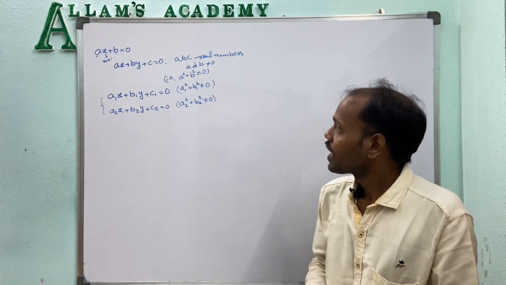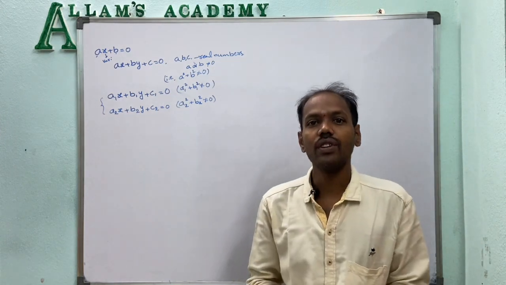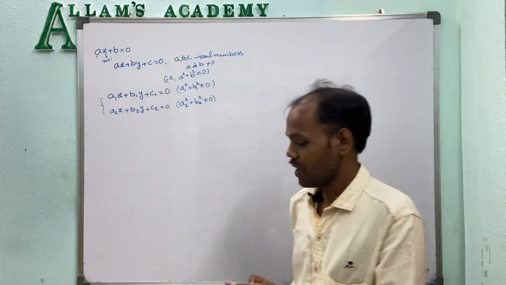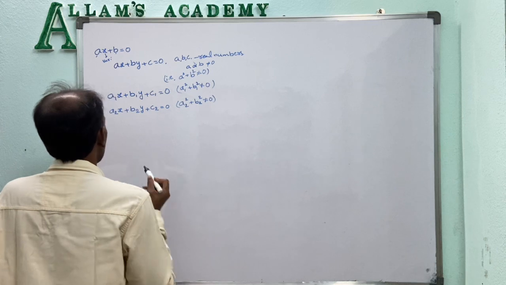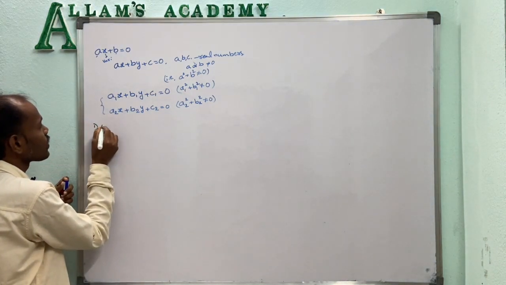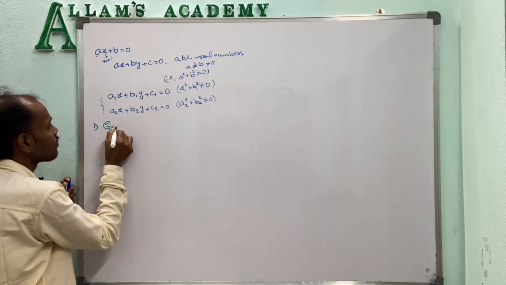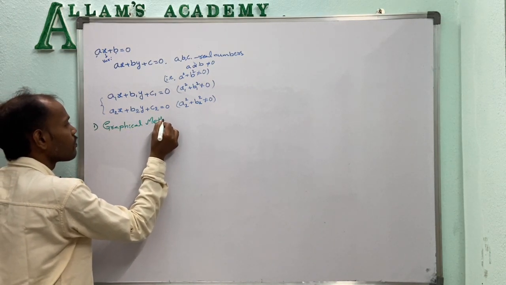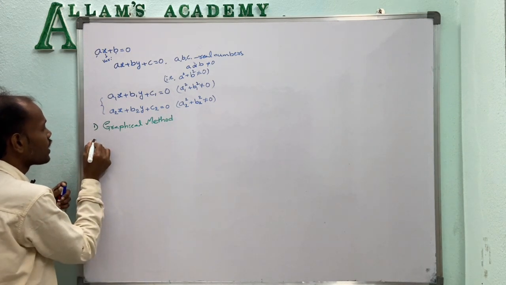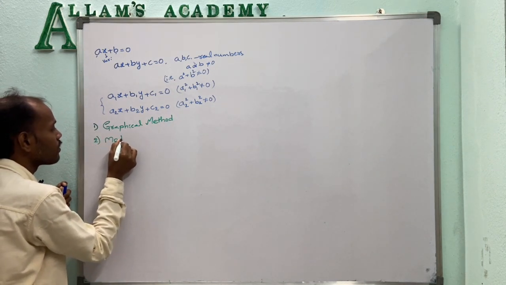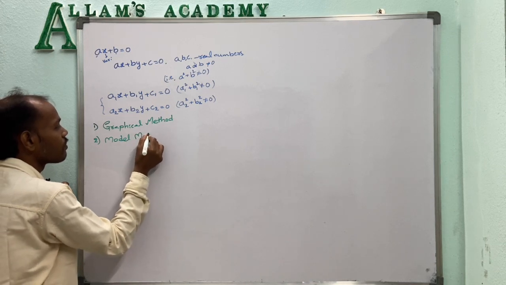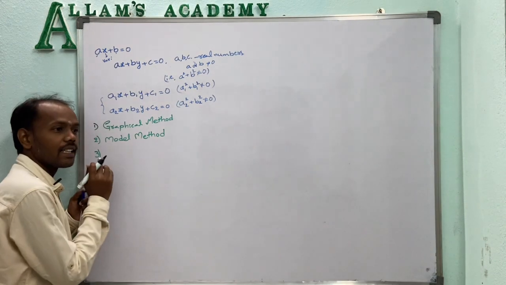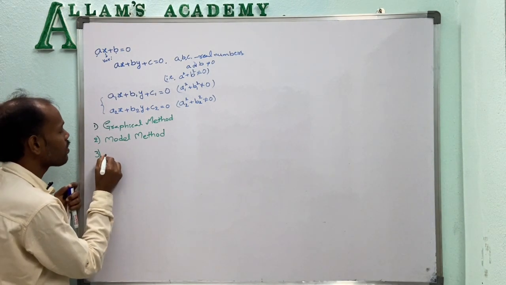Now this system of linear equations is solved by three methods. One is the graphical method, another one is the model method, and the third one is the algebraic method.